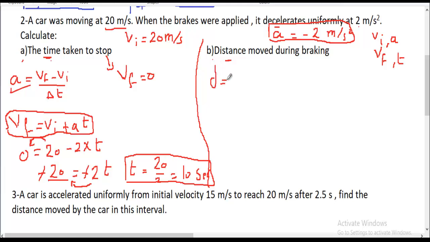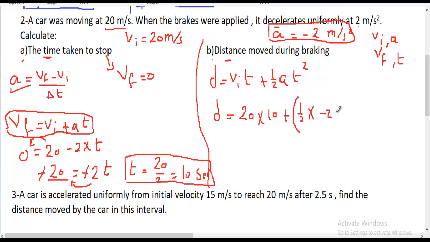d equals, the second equation, d equals vit plus half at squared. d equals Vi, which is 20, times the time, which is 10, plus half times acceleration, which is -2. You can make a bracket here to avoid confusion, times t squared, which is 10 squared.